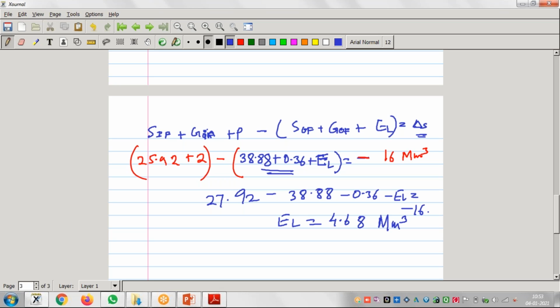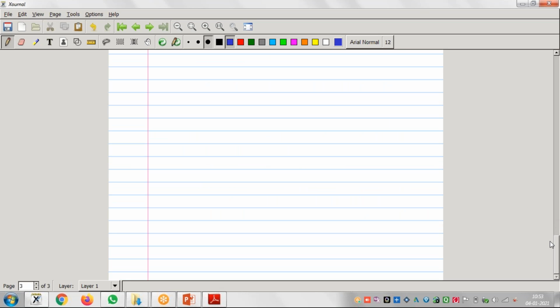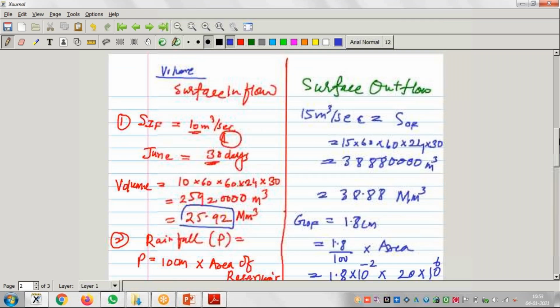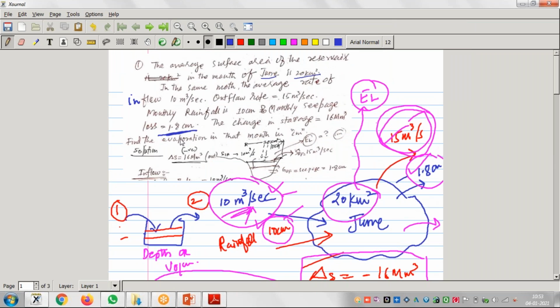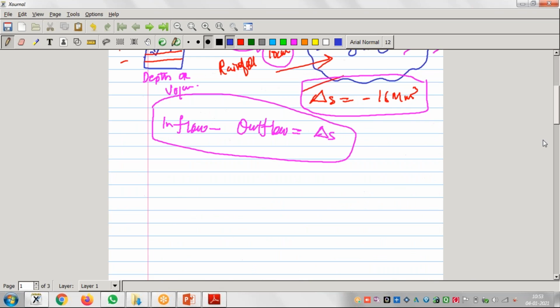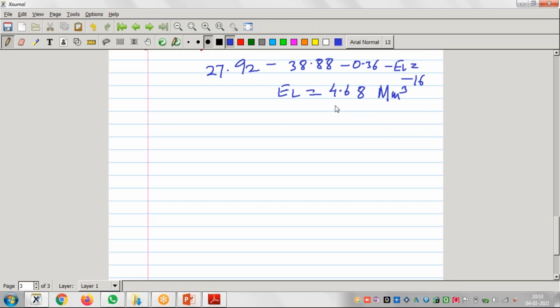Now, what is given in the question, what he is asking is that you find the evaporation loss in the month in centimeter, right? This is to be found in centimeter, which means we have to convert this million meter cube into centimeter. We know that volume is equal to area times depth, right?